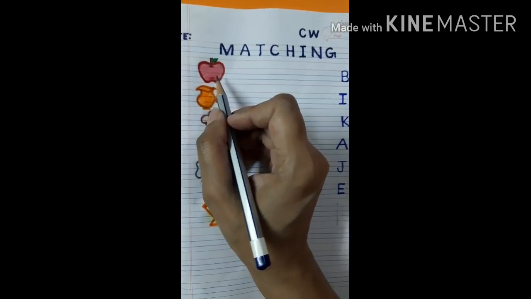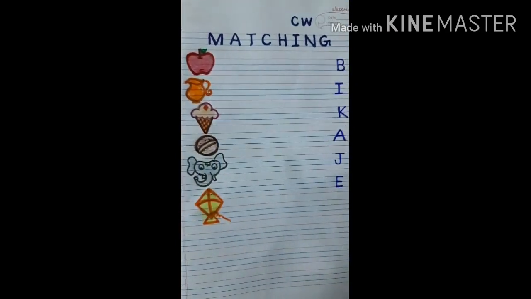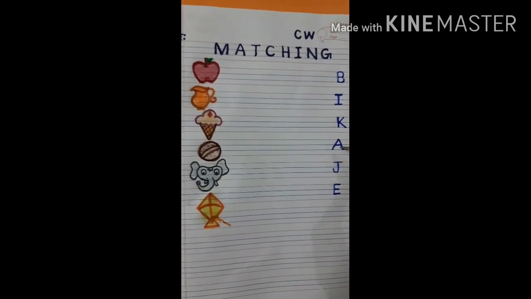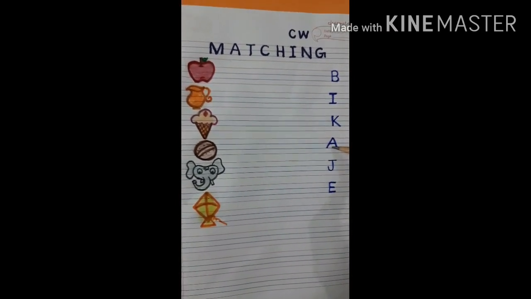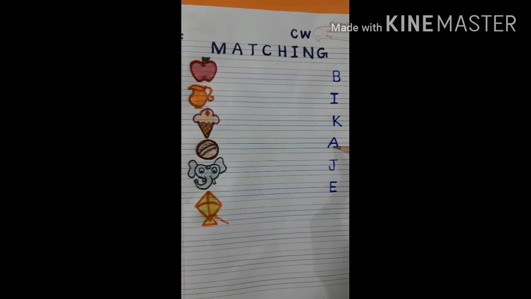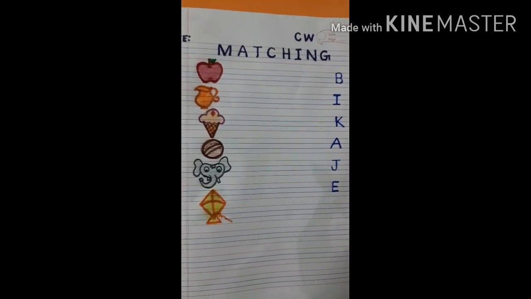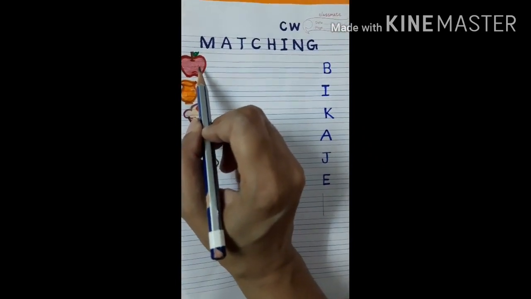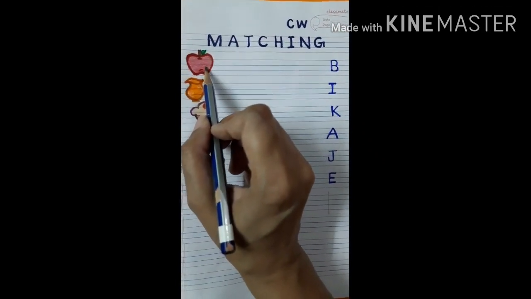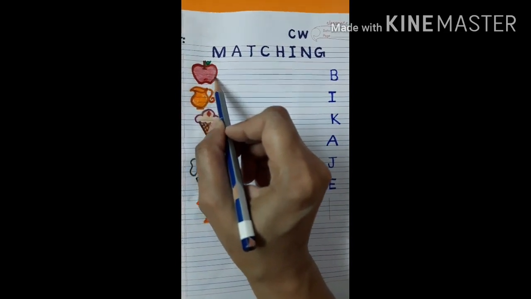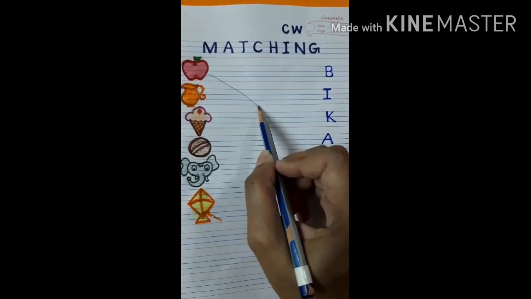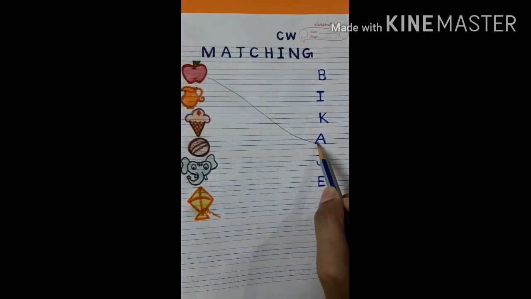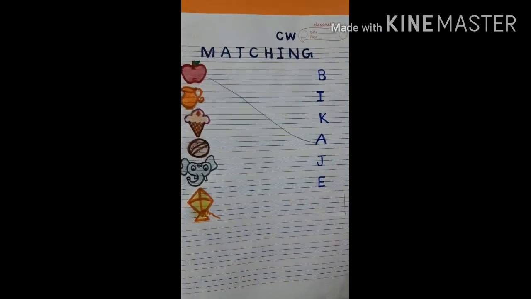Apple belongs to which letter? Letter A. Apple belongs to letter A. So we will match apple with their alphabet. Now draw a line towards letter A.